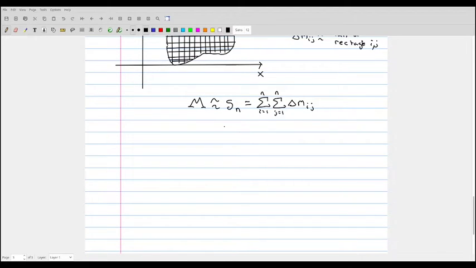And the idea here is that in the limit, as these pieces of the partition get smaller and smaller and smaller, this summation gets closer and closer to the actual value of the mass.